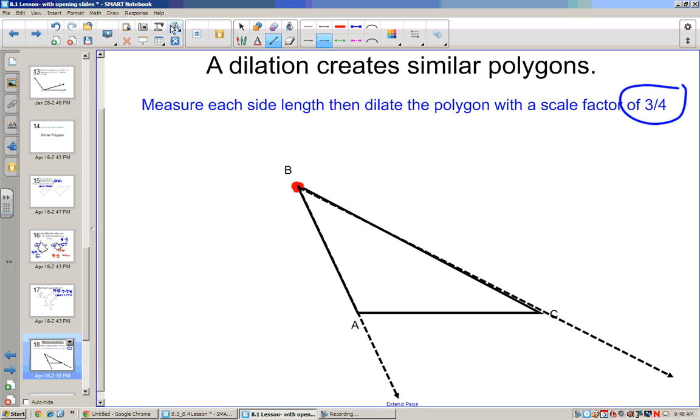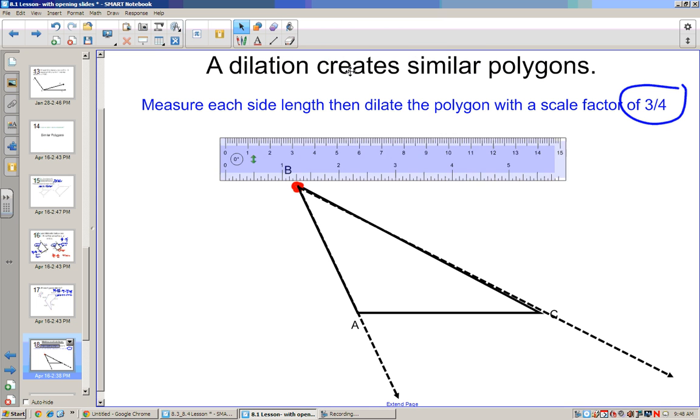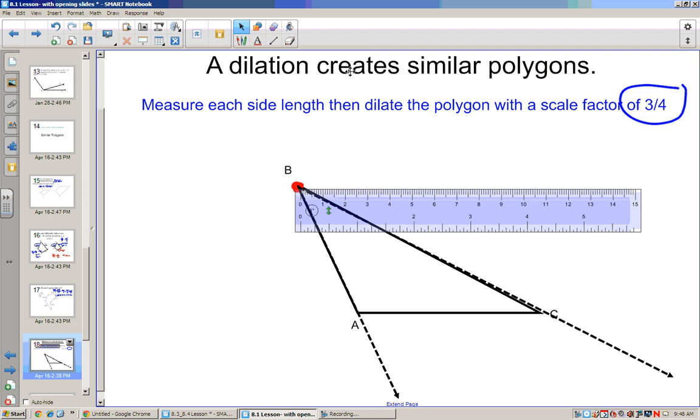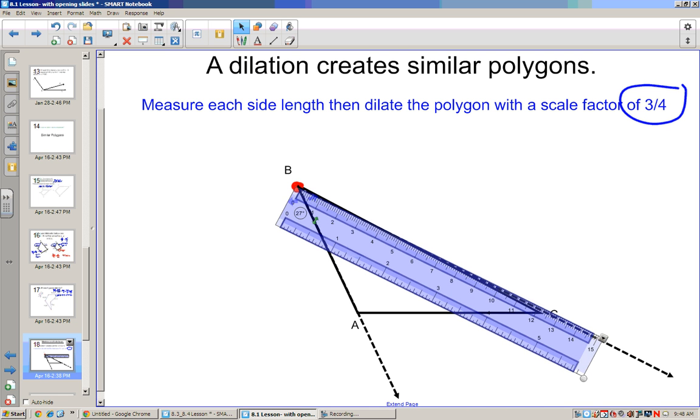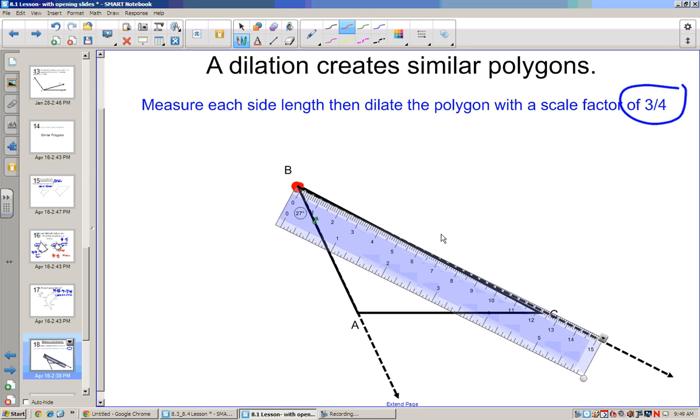So I'm going to take out my measuring tool, a ruler. Now this ruler is actually really tough to measure with, so we'll see if I can figure it out. What makes it tough is it doesn't line up evenly here, but let's say that this is like 12.2. So if this whole distance is 12.2, I'm going to multiply 12.2 times 0.75 to get 9.15.